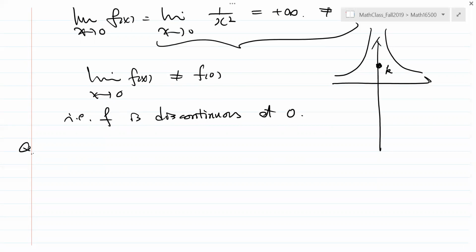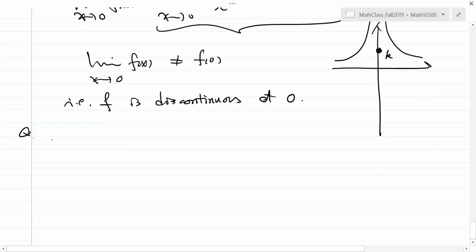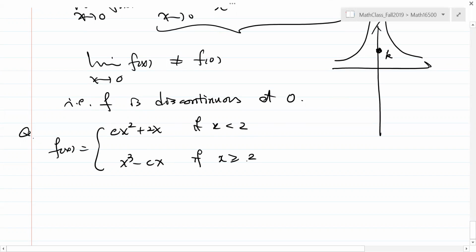All right, so let's look at another function. Here's the next problem. It's also our favorite example. Given a function f(x) is cx squared plus 2x if x is less than 2, and x cubed minus cx if x is greater than or equal to 2.